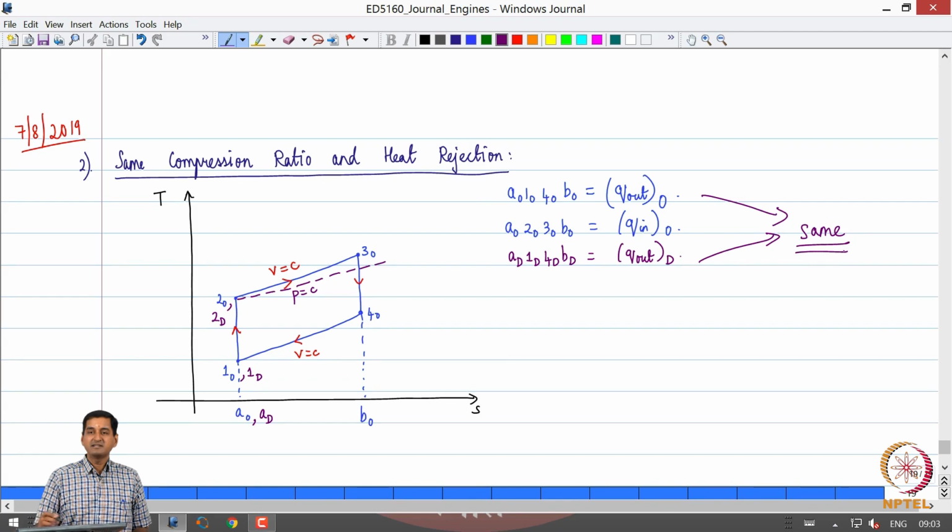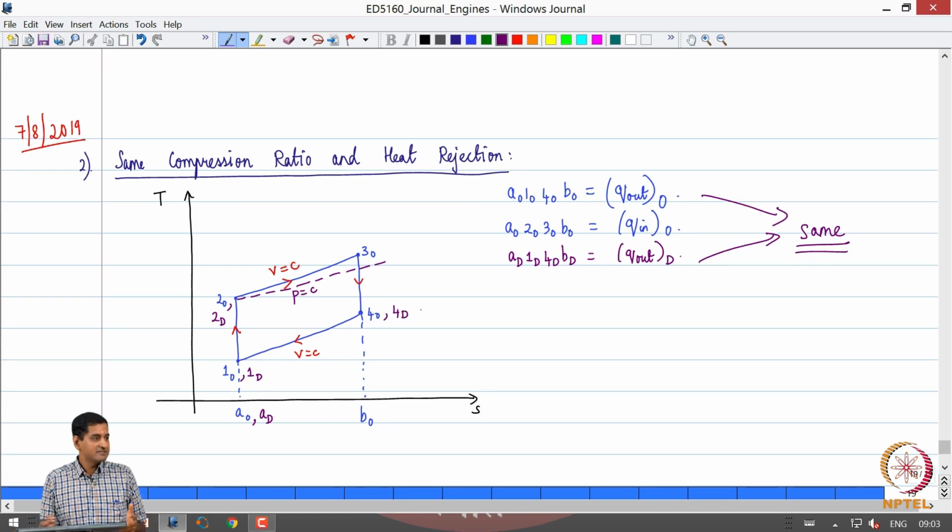What does that tell us? Even in the diesel cycle, heat rejection is done at constant volume, right. So, AO, 1O and AD, 1D coincide. What can we say about 4D? It should be the same as 4O, right.